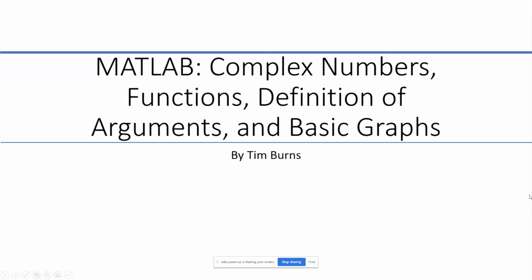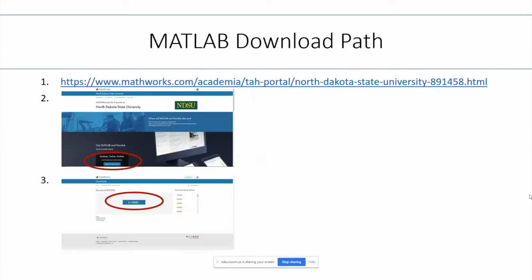All right, so my presentation is on complex numbers, functions, the definition of arguments, and just some graphing basics. First of all, though, I wanted to talk about getting to the download path for MATLAB. If you just take this link right here, it'll take you straight there, or you can find it by just searching NDSU MATLAB.